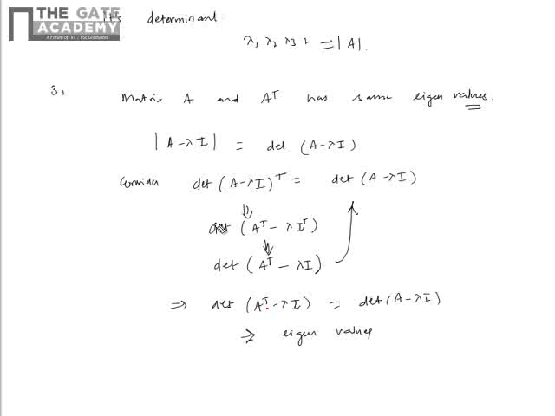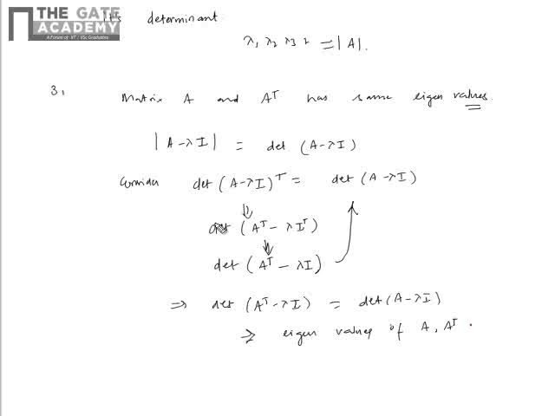But then one thing is, lambda is the same here, so the eigenvalues of A or A transpose, the roots will be the same. Whether you do it on the left hand side or right hand side, the roots will be the same because the characteristic equations are the same.